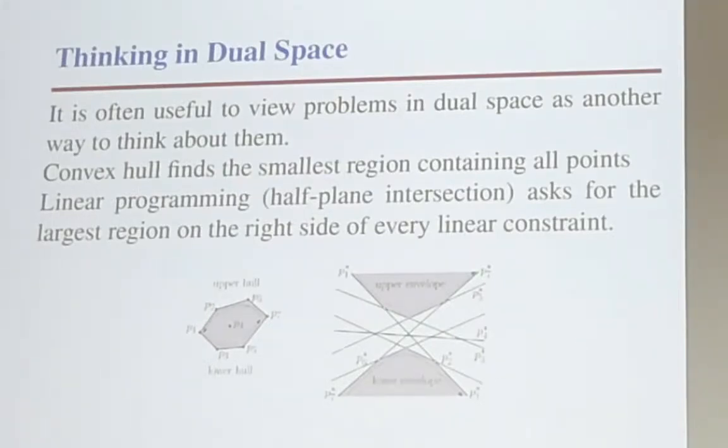What does a convex hull look like in dual space? Every point became a line. Every line became a point.